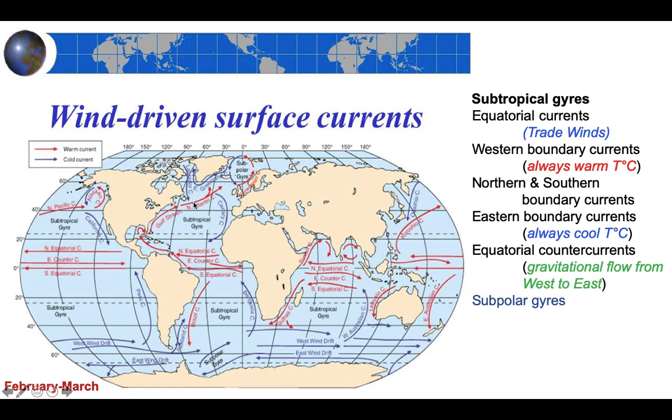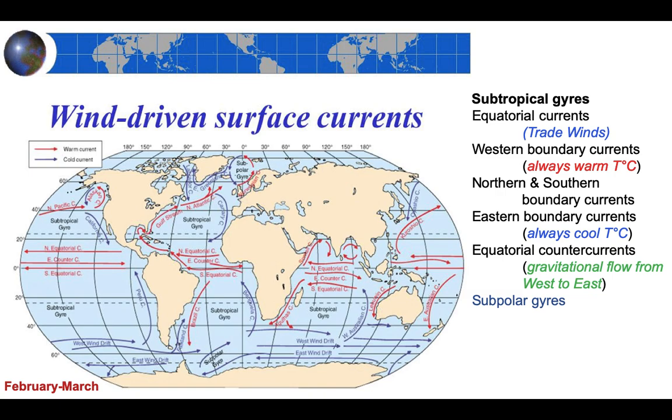And then we have the northern and southern boundary currents bounding the gyres in the north and in the south. And then we have the eastern boundary currents, like the Canary Current in the Atlantic Ocean, coming from higher latitudes and bringing very cold water.